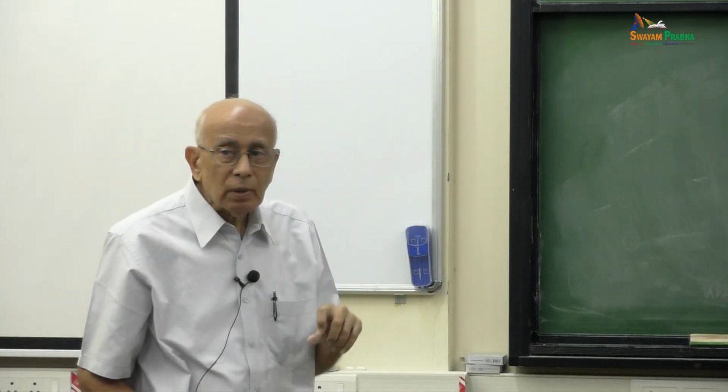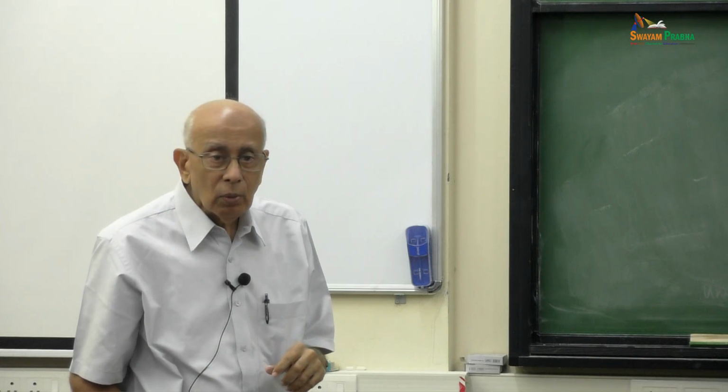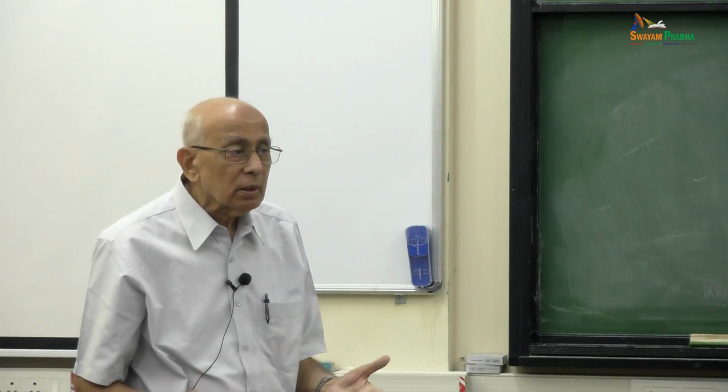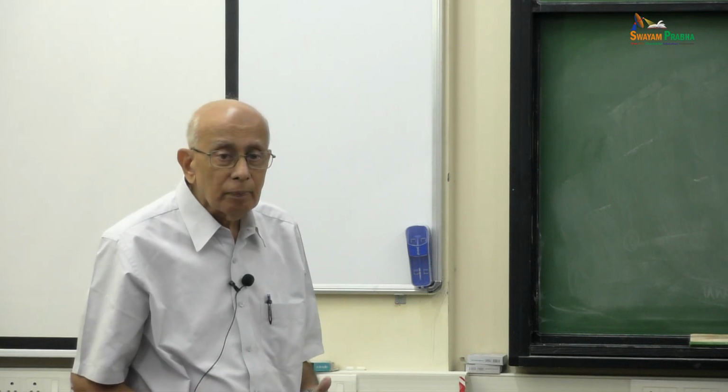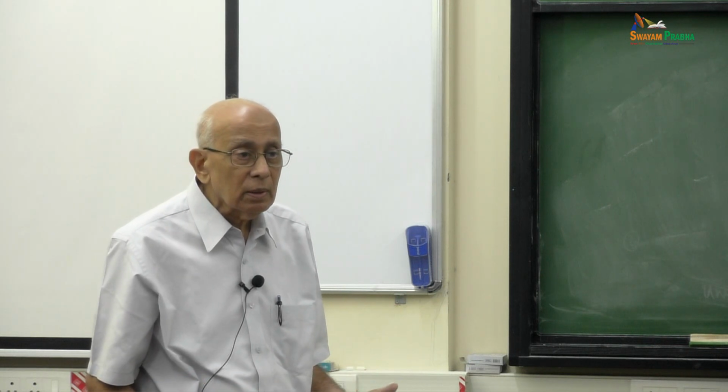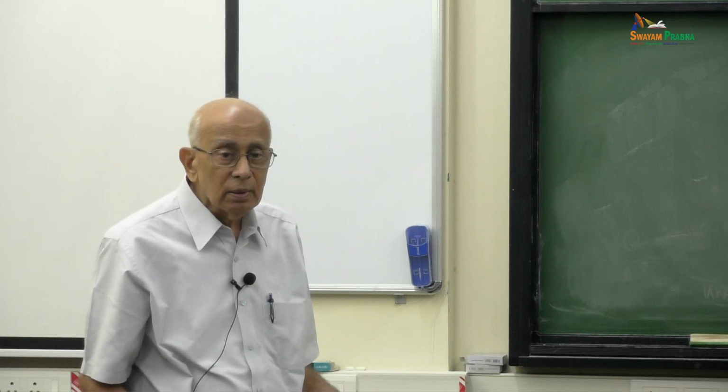For instance, you would have heard of the cross product of 2 vectors. What is meant by the cross product in 2 dimensions? Suppose I have just 2-dimensional vectors. What's meant by the cross product? There is no perpendicular. The space is just 2-dimensional.